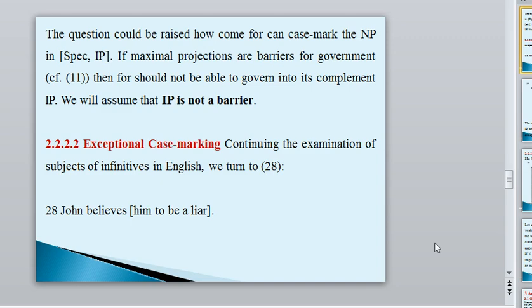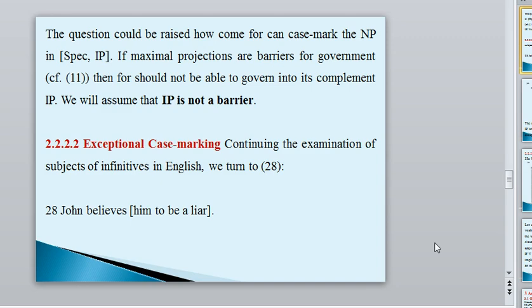We have two kinds of case assigners. The verb and the preposition are two kinds of case assigners. So after the transitive verb and after the preposition, we should have a kind of accusative case. So this is about the case system.